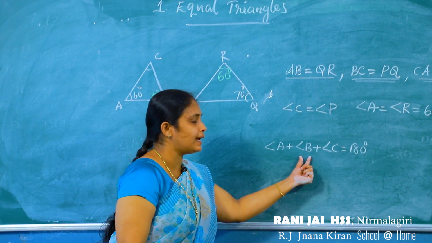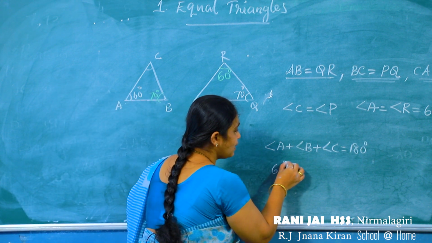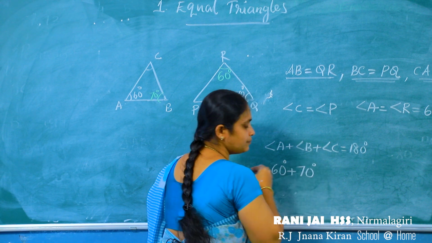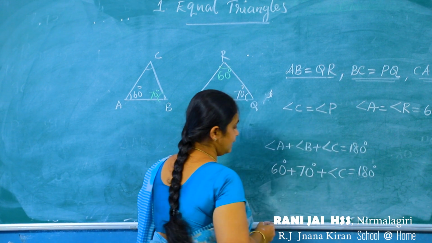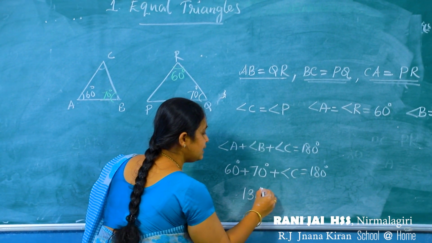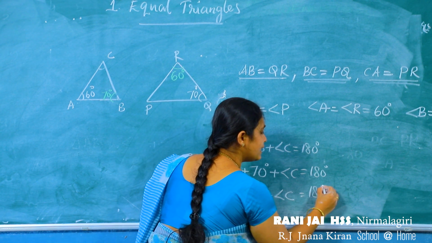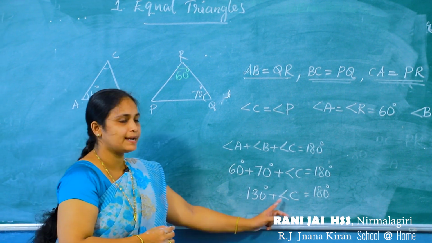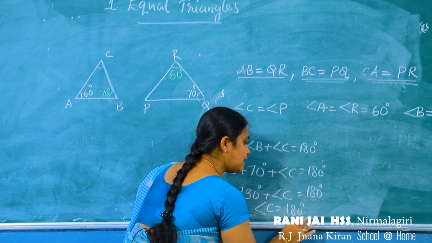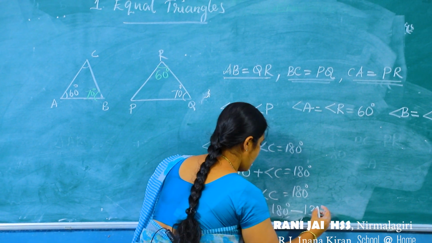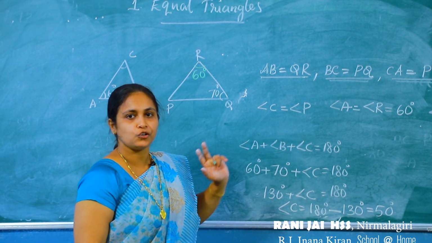We know angle A and angle B: 60 degrees plus 70 degrees plus angle C equals 180 degrees, that is, 130 degrees plus angle C equals 180 degrees. Then angle C equals 180 degrees minus 130 degrees, so angle C equals 50 degrees. Then what is angle P? That is also 50 degrees.